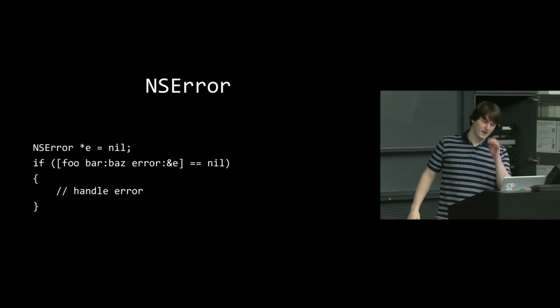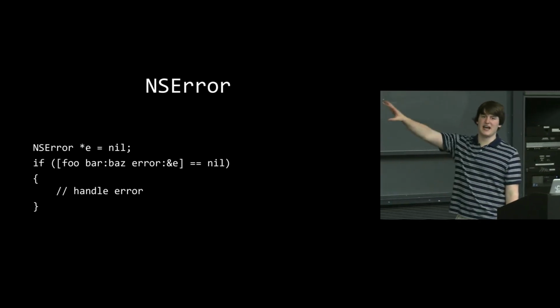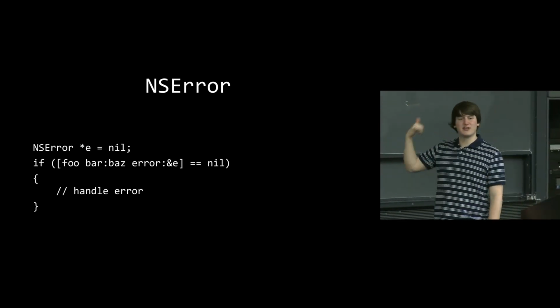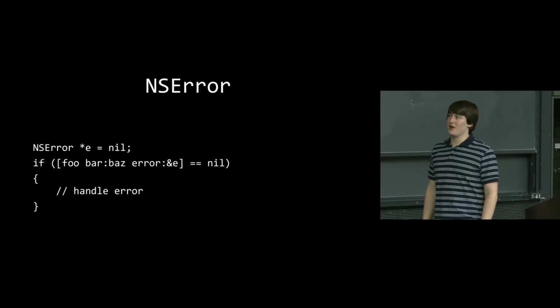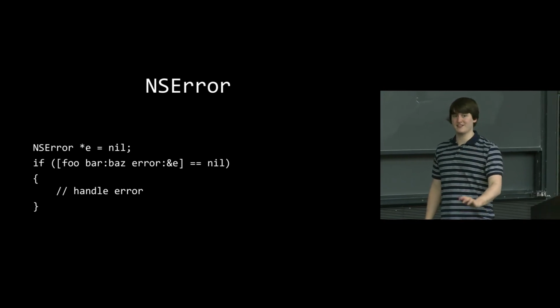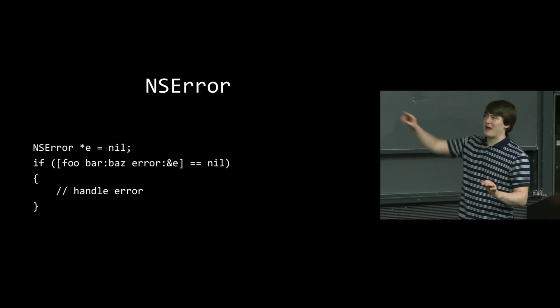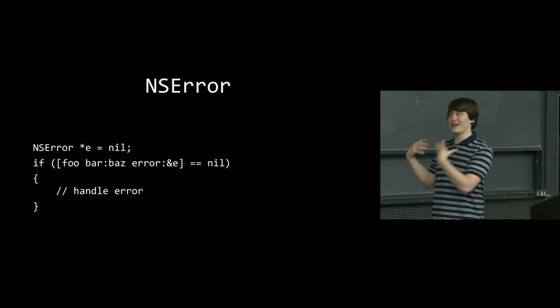So with this sort of syntax, this is one of the rare scenarios where you are still going to be using the ampersand. We're never dereferencing an object, but we are passing the address of an object.